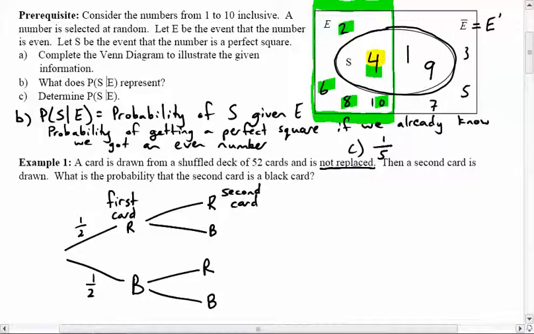So again, I'm taking my deck of cards, taking out one card, not putting it back. What's the chance that the next card is a red card? There's only 51 cards left for all of these ones.